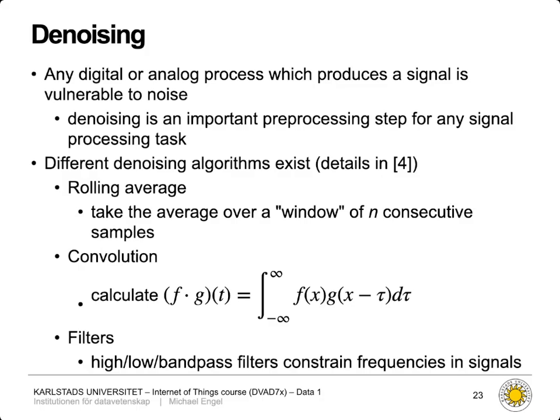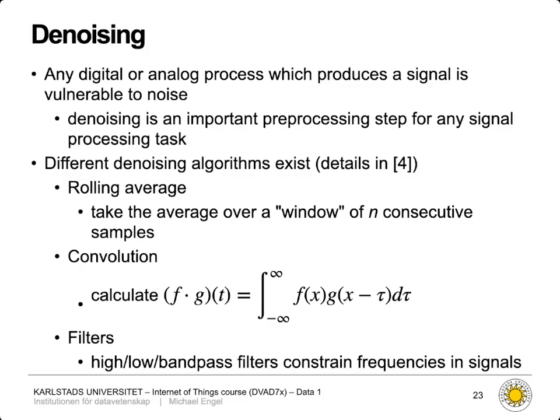So one very simple thing is a rolling average. You don't only look at the current measurement value, but for example, you look at the last 10 values, and then you take the average of the last 10 values and replace the current value you're looking at with this average of the last 10 ones. And this means that very high frequency changes in the signal, which is usually low frequency, are mostly removed and flattened out of our signal.